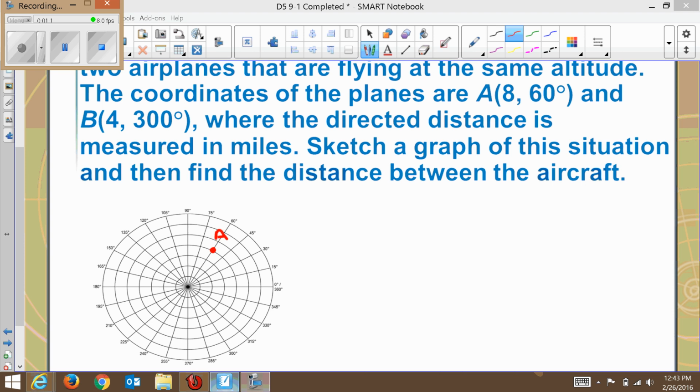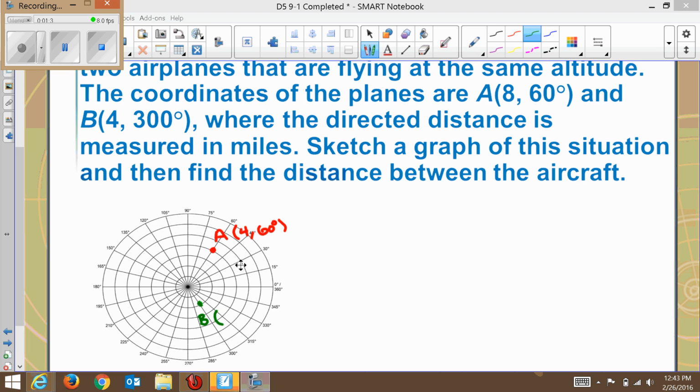So that's A at (8, 60°). My other point I need to plot at (4, 300°). Now, since I'm counting by twos, it's kind of like 2. So let's go to 300 degrees, and we're going to go 2 marks. 1, 2. Right there. That's point B.